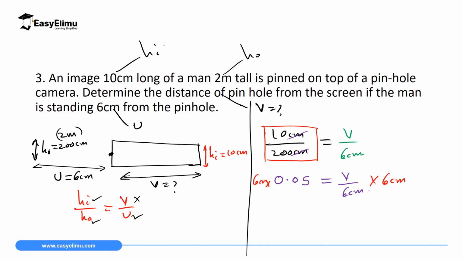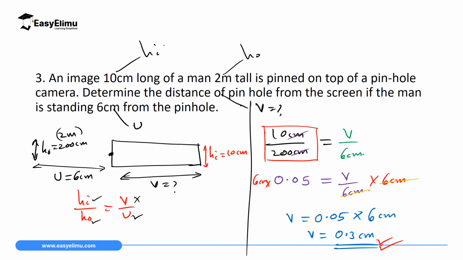Then the 6 centimeter on the right hand side will cancel out, and we will remain with our V. We will get our V as 0.05 multiplied by 6 centimeter. So our V is going to be 0.3 centimeter, that is the distance of the pinhole from the screen.